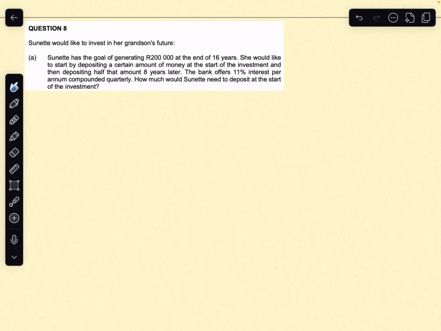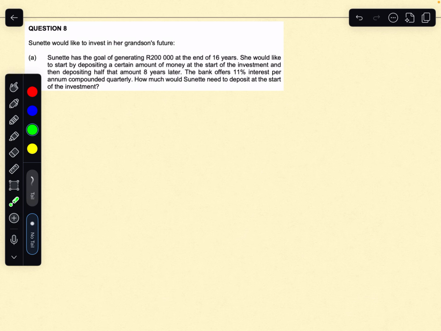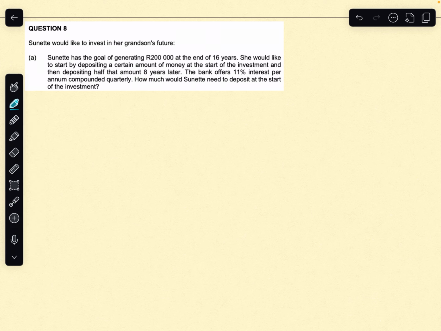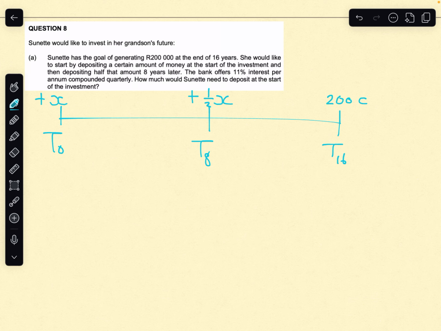So this deposit is an X, right? And then she needs to deposit half that X 8 years later. So timeline wise, at T0 she wants to put in a certain amount X, and then 8 years later she wants to put in half of that X, and then at T16 she wants to have 200,000 Rand.